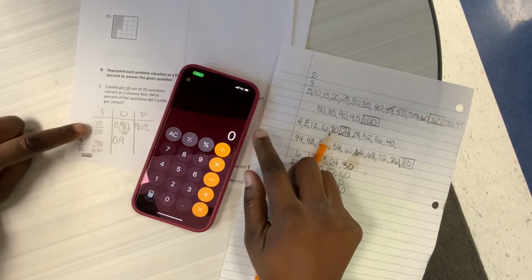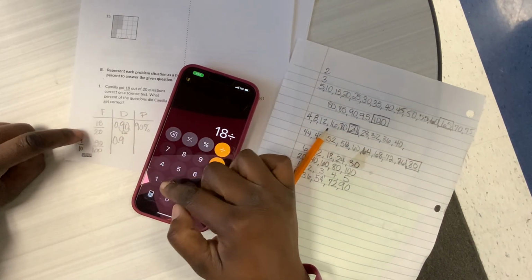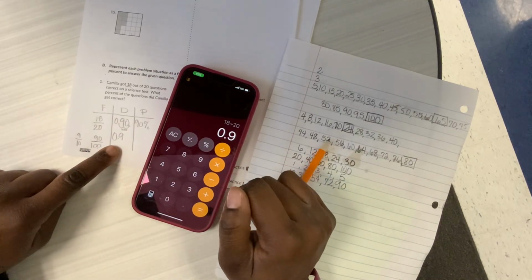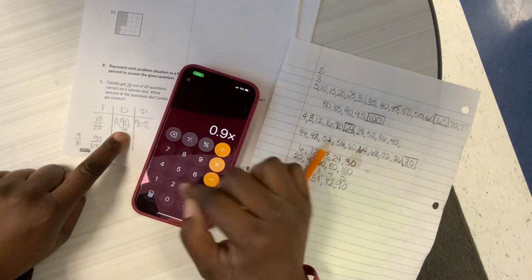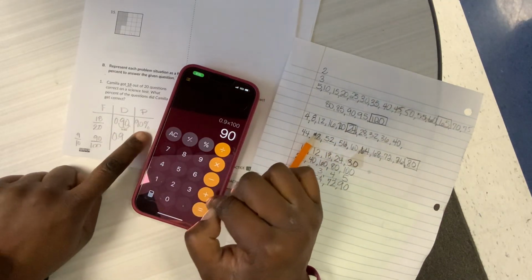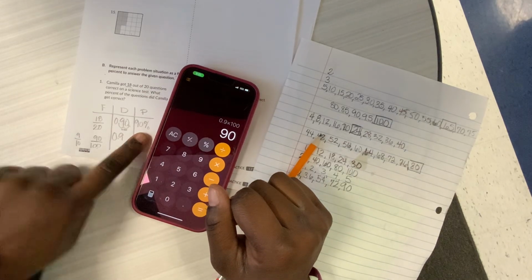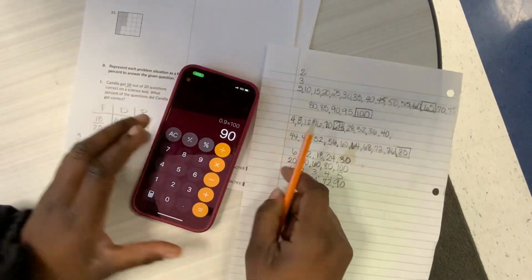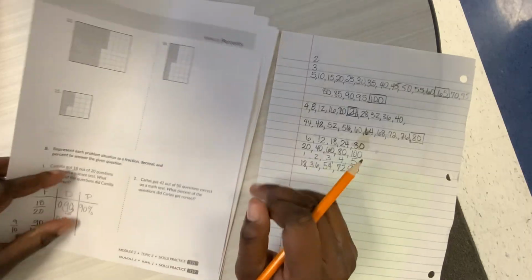So you put 18 divided by 20 equals, and it gives you the decimal, 0.9 or 0.90. Then you times by 100, and that gives you the percentage, 90%. For my calculator people, this is a great way to do it, but I do want you to try by hand if you can.